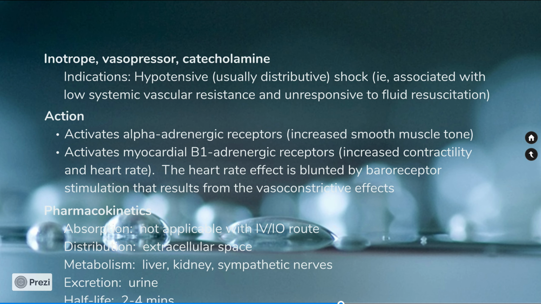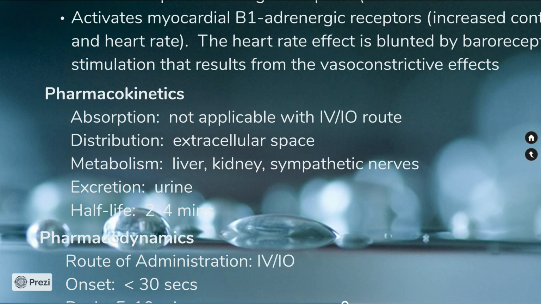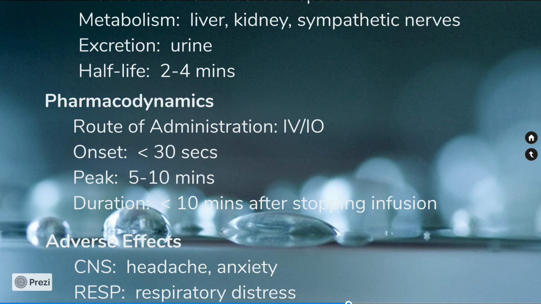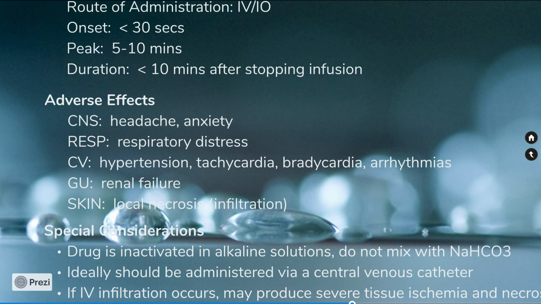It will improve contractility of the heart, and at the same time it will also improve the movement of blood through the systemic circulation. These are the pharmacokinetic parameters of norepinephrine, the pharmacodynamic parameters of norepinephrine, and the adverse effects.